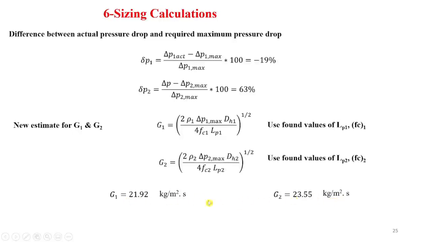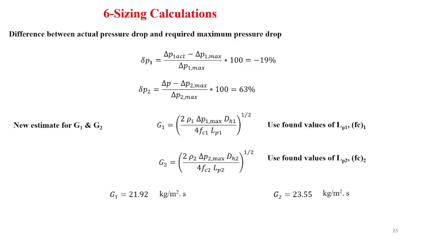Now since we have these two values, we have to go through the process again and calculate the Reynolds number, the heat transfer coefficient, the overall heat transfer coefficient, fin efficiency, overall surface efficiency, the frontal area for each side, the volume of the heat exchanger, the length of the heat exchanger, and finally the actual pressure drop for side 1 and side 2.